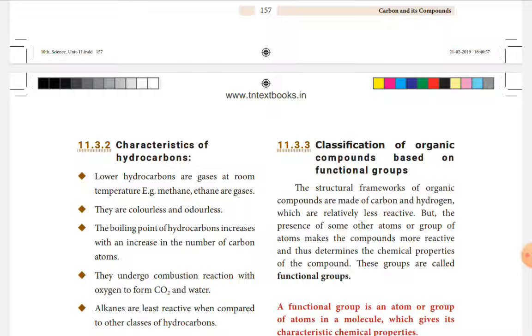And there is a test to check whether it is saturated or unsaturated hydrocarbon, that is the bromine test. The saturated hydrocarbon does not decolorize bromine water, but alkenes and alkynes decolorize bromine water. So this is the test to identify whether it is a saturated or unsaturated compound.